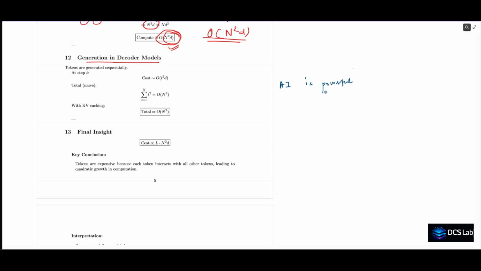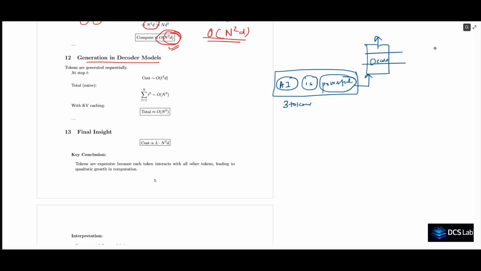For simplicity, let's assume this is the tokenization done, so we have three tokens in place. These tokens will be fed at once to the decoder unit and processed. Inside the decoder, they will go through the attention mechanisms and feed-forward neural networks as per our explanations above.